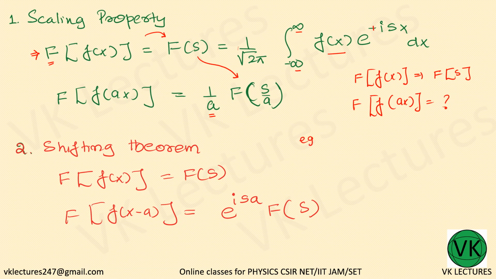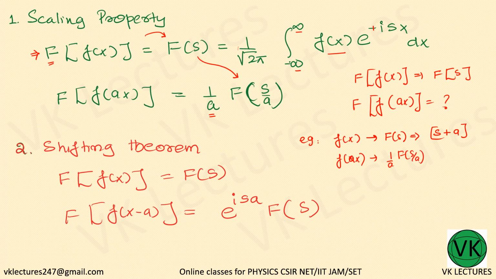For example, if you have a function f of ax and you get F of s, the Fourier transform equal to some s plus a. Okay, this is the Fourier transform. Then the Fourier transform of f of ax will be equal to 1 by a into F of s by a.